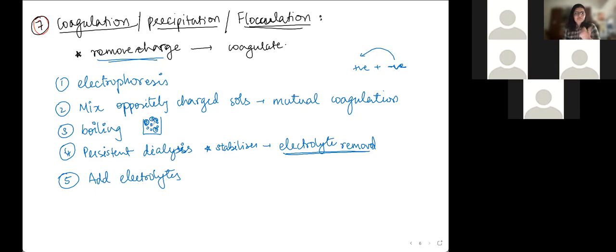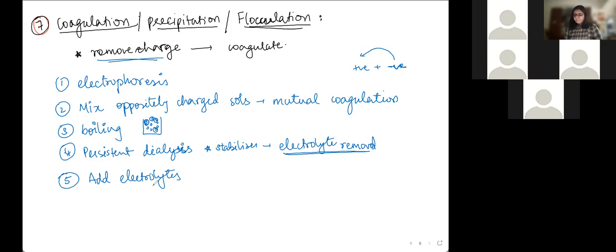Again, no charge, no stability leads to coagulation. Persistent dialysis, you're removing the electrolyte by continuing dialysis for so long. Again, electrolyte removed means no charge, coagulation. Adding electrolytes does the same thing, the other extreme of it. Adding more electrolytes reduces zeta potential, resulting in coagulation.